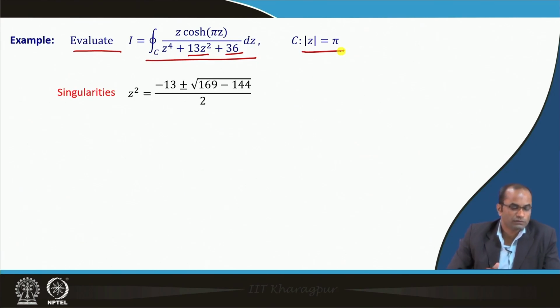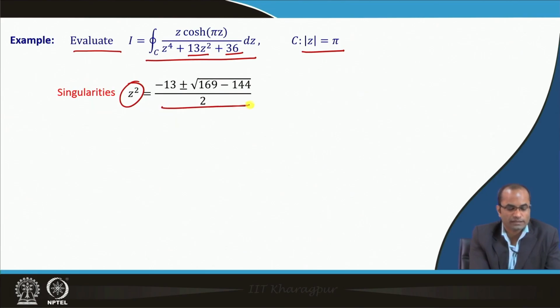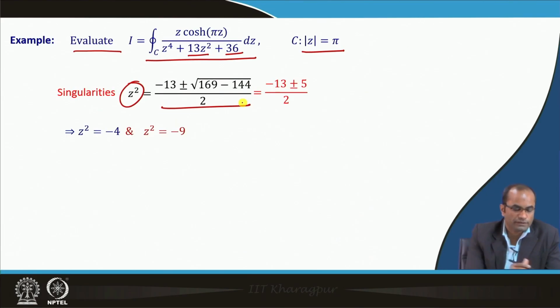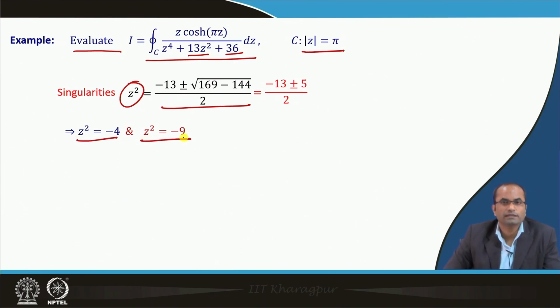Coming to the singularities, this is a quadratic equation in z^2. We can just solve it, and we observe that z^2 is equal to −4 and z^2 is equal to −9. These are the two equations for z^2.